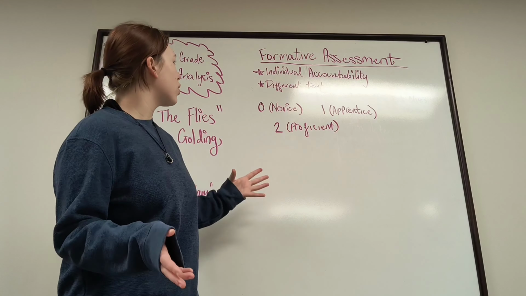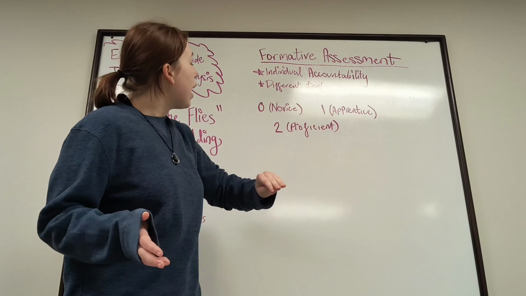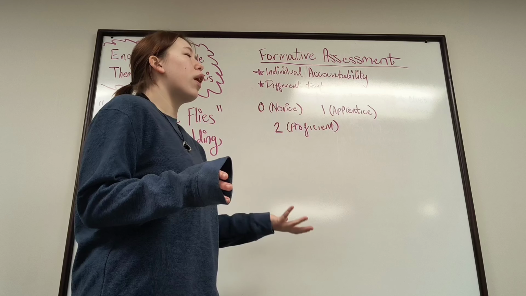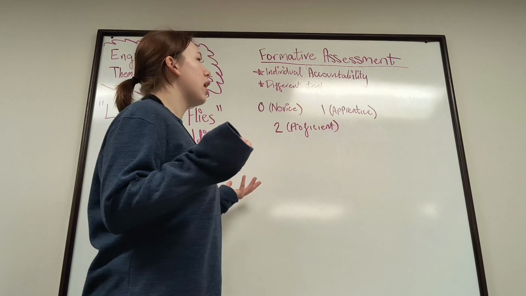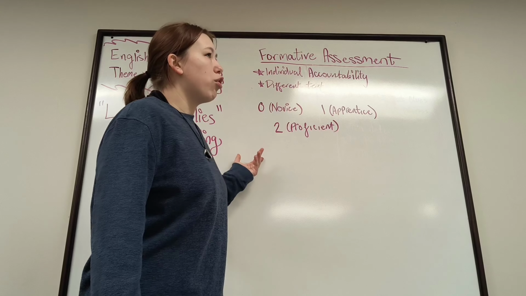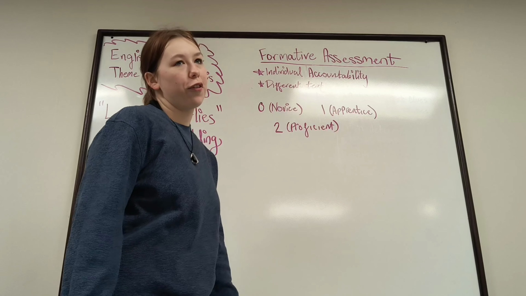Either way, we're going to use that formative assessment and also look at student work samples to try to determine whether or not a poor score is a result of lack of knowledge about the content or lack of effort from the student.